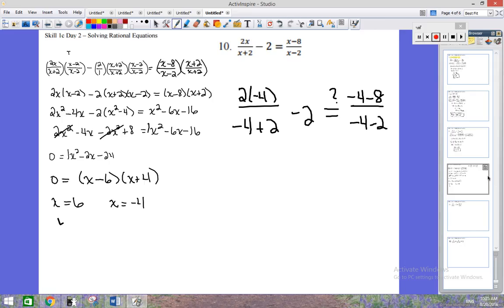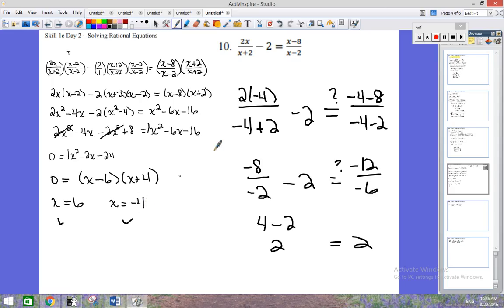So what do I have? I've got a negative 8 divided by a negative 2 minus 2. That is a 4, and 4 minus 2 is 2. Now, what do we have over here? A negative 12 divided by a negative 6, and that's 2. So they both check.